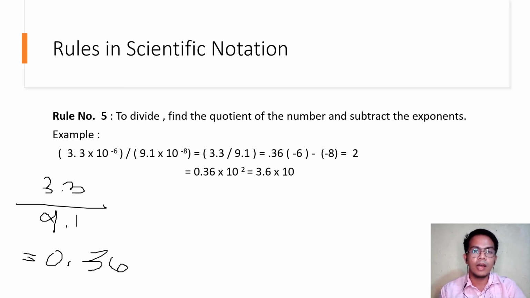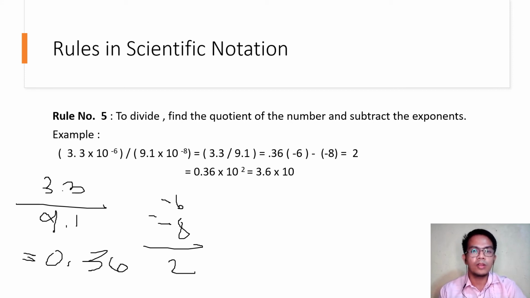Then we need to subtract the exponents. Negative 6 minus negative 8 is equal to 2. So if we combine the two answers, we will have 0.36 times 10 raised to 2.